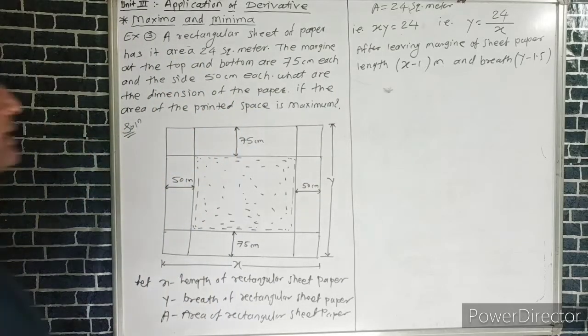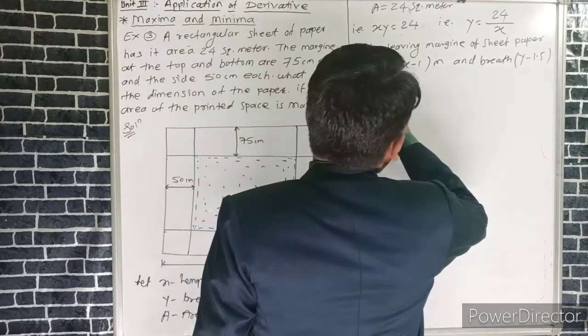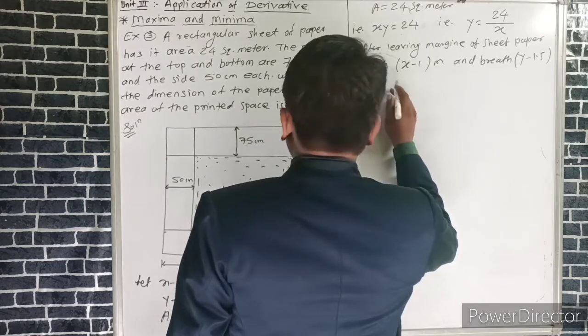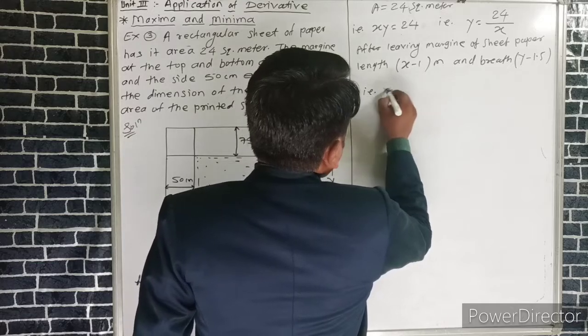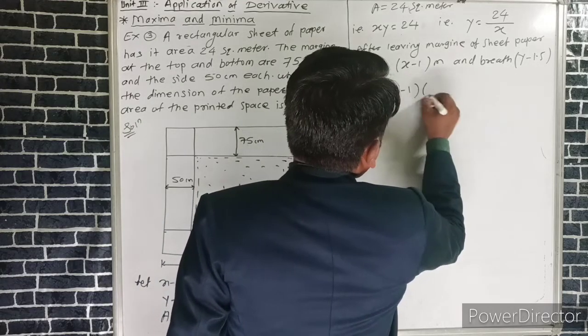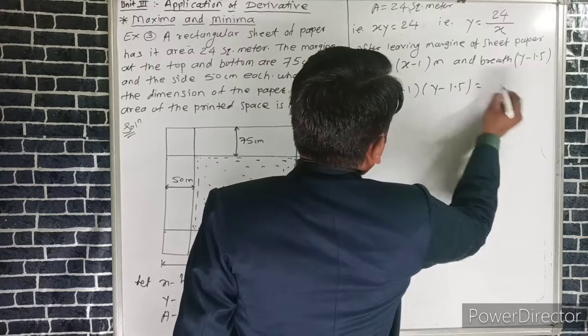So we can write the area of the printed region as A equals x minus 1 into y minus 1.5.